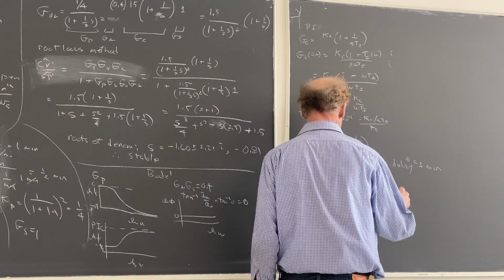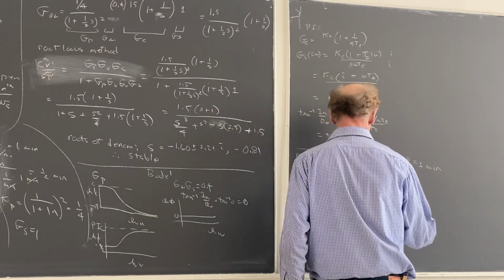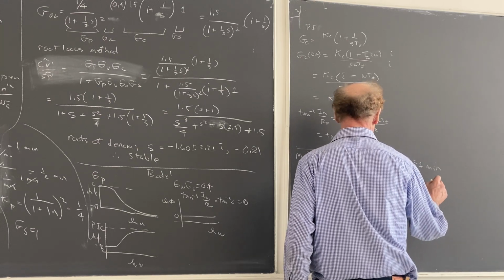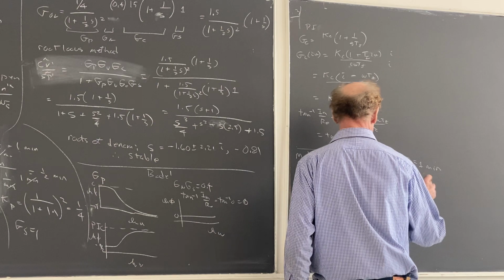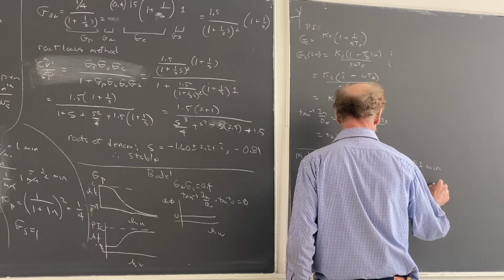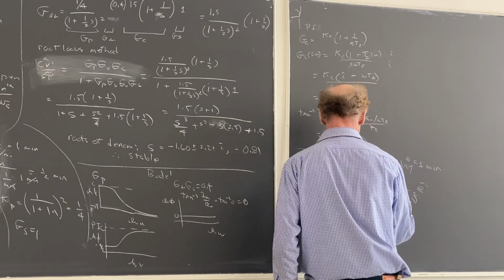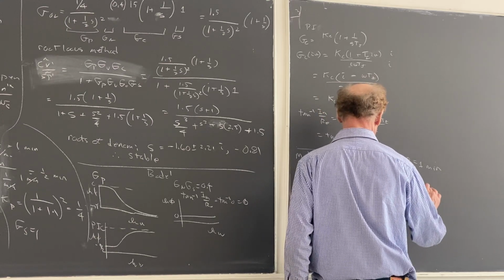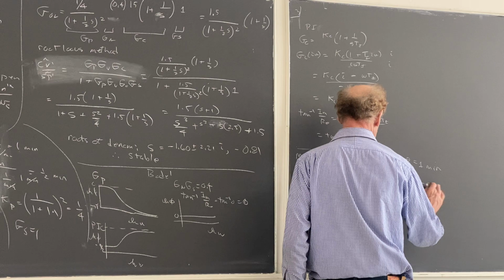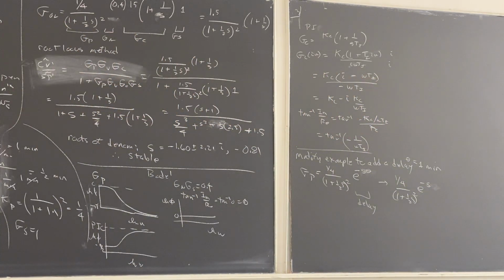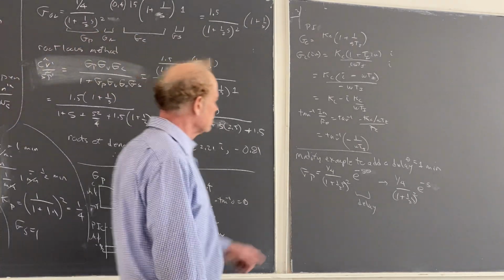So here it's just going to be 1/4 over 1 plus 1/2 s squared, e to the minus theta s. That's what it was. It's been a while. So here it's just e to the minus s. I could look it up, but I believe this was correct.